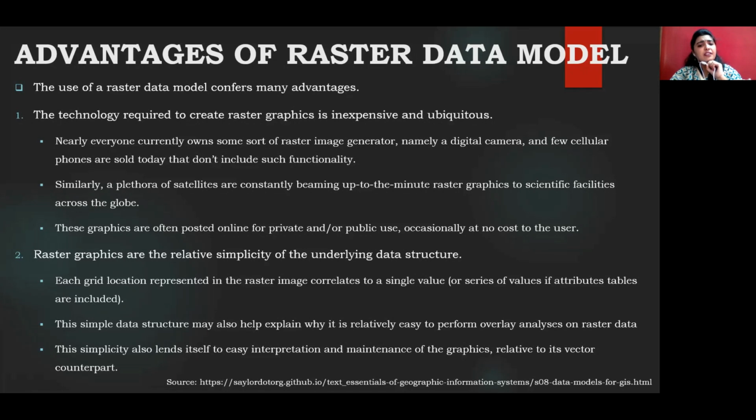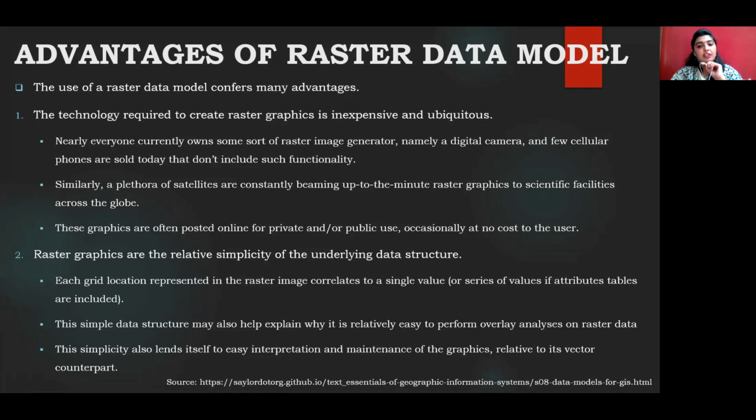Apart from that, raster graphics have a relative simplicity of the underlying data structure. It's not complicated, but not very simple either. If you understand it, it's simple for you. Each grid location represented in the raster image correlates with a single value.